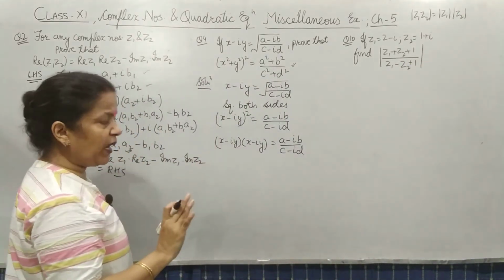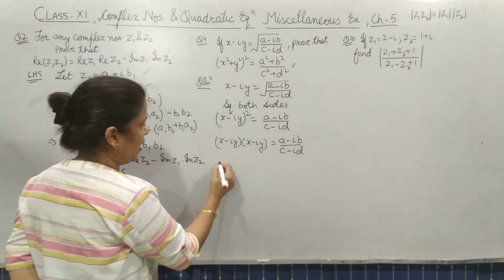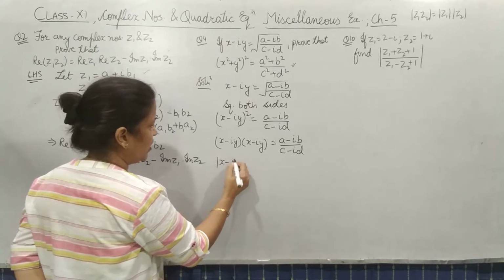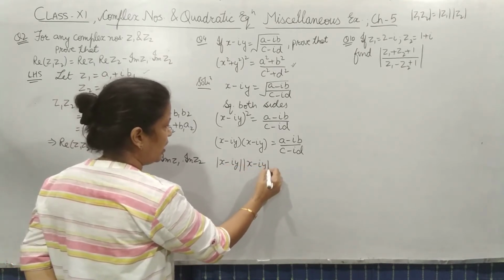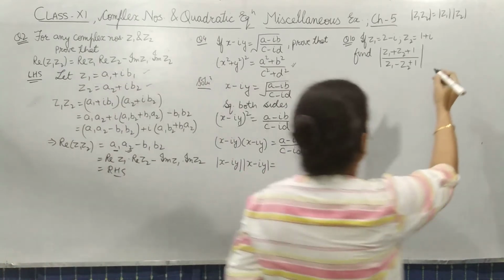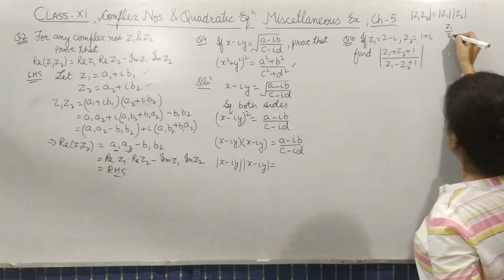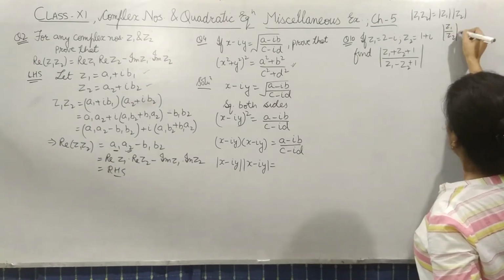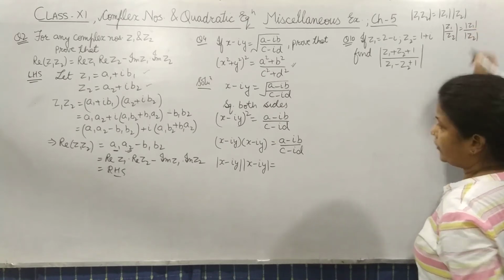So what we will take? By taking modulus on both sides, it will become mod of x minus iota y, mod of x minus iota y. We can write it separately. And same thing over here. The property is if z1, z2 mod, then we can write them separately also. Like this.